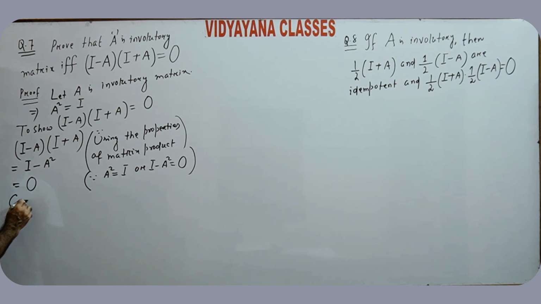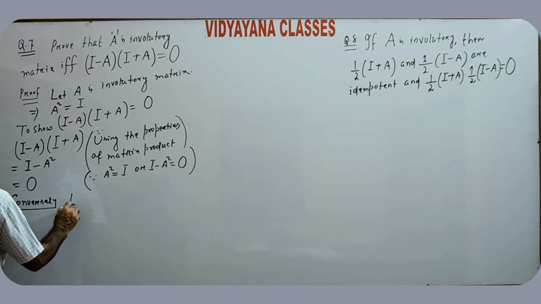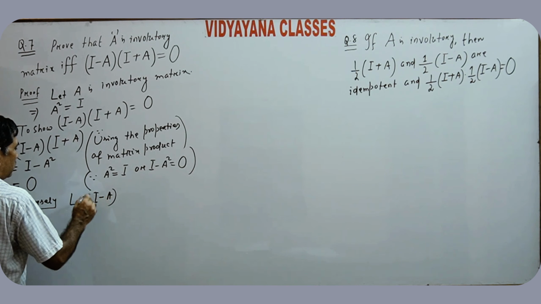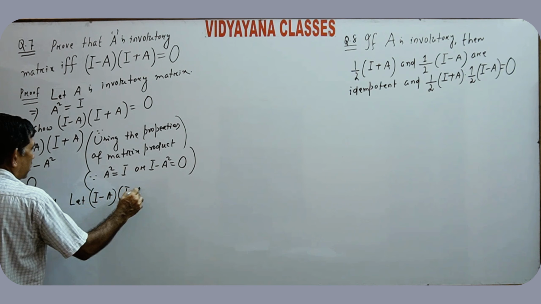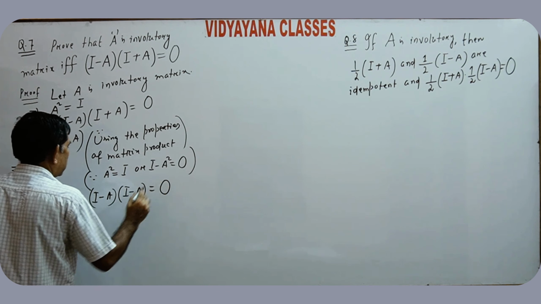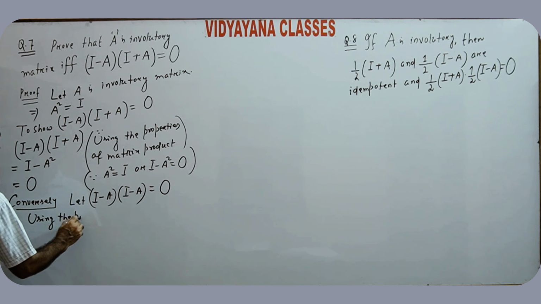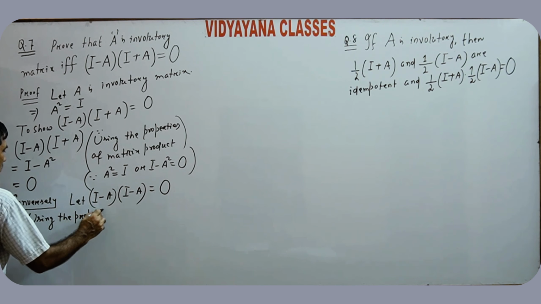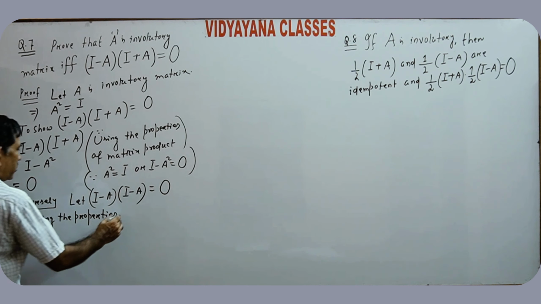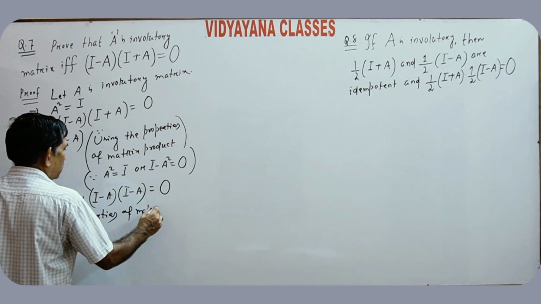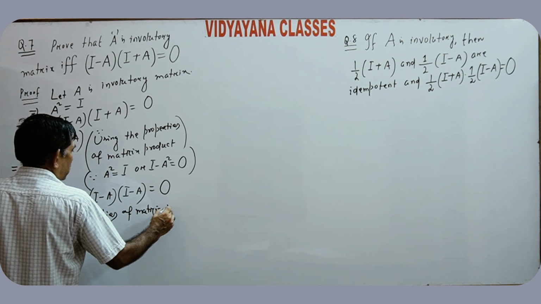Conversely, let (I minus A) into (I plus A) is equal to the 0 matrix.